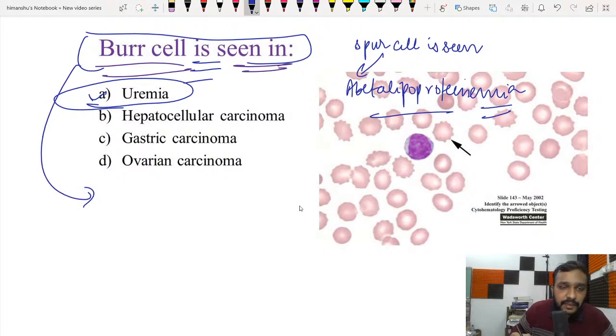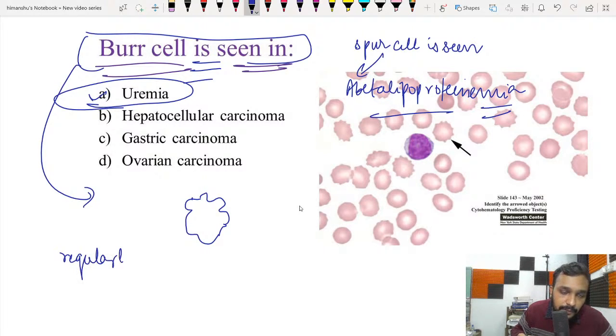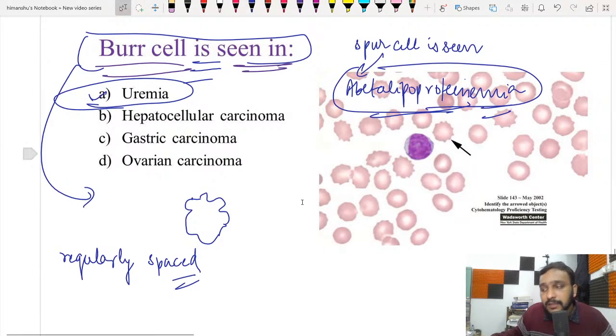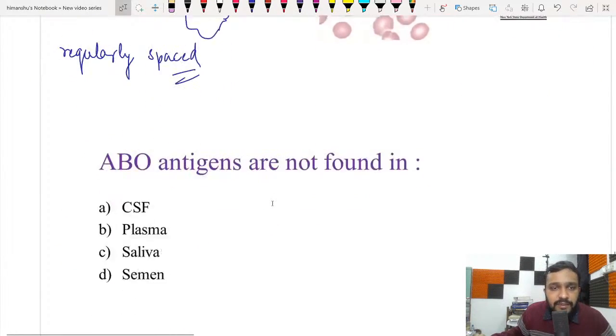Basically in burr cells we have regularly spaced cytoplasmic projections, whereas in abetalipoproteinemia the cytoplasmic projections are irregularly spaced.